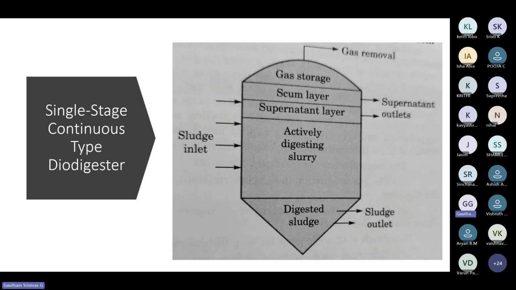But what is the issue with the single stage digester? There is one major issue. As I said, the most important factor is the pH. The pH has to be maintained at around 6.5 to 7.5, so in the neutral range. But what happens is in the second phase where acids are formed, the pH drops, although it is organic acid.